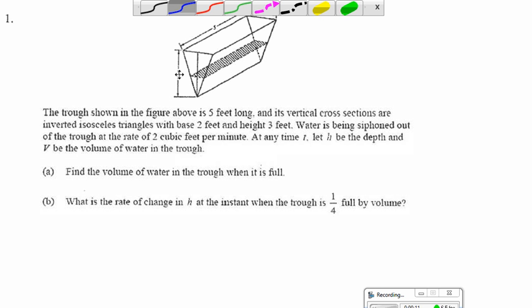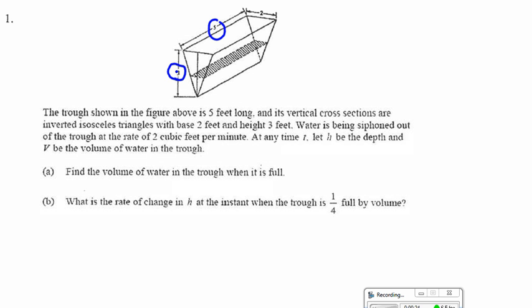So here we have this triangular prism with the bottom filled with water. As you can see, the dimensions are here, 3 units right over here, 5, and then 2 units over there. Okay, and as you can see also here, the water is seeping out at 2 cubic feet per minute.